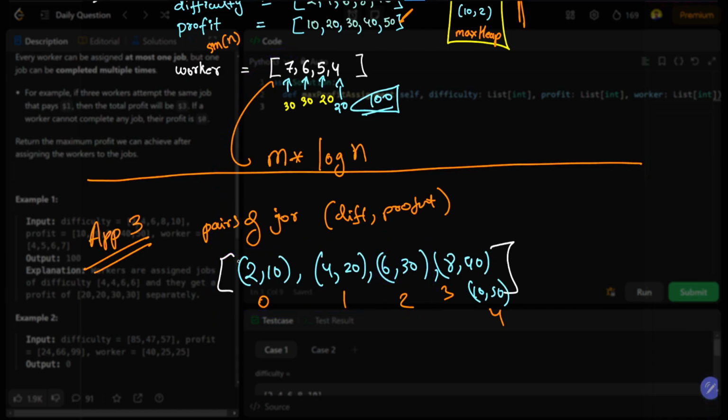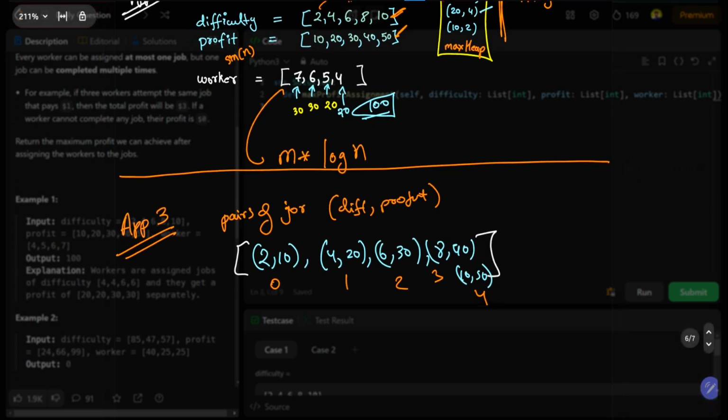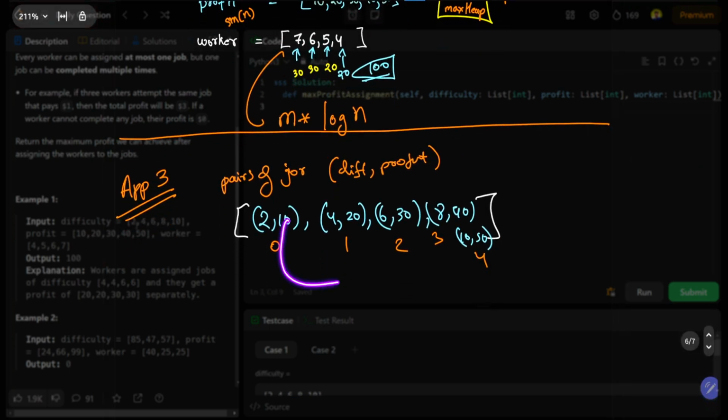Now within this range, I need to find the maximum profit I can get. For that, I can do pre-computation again.